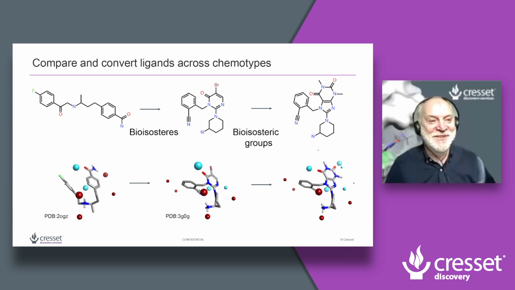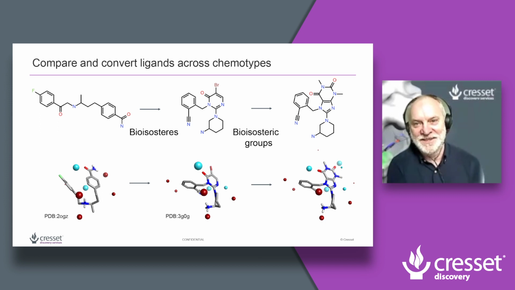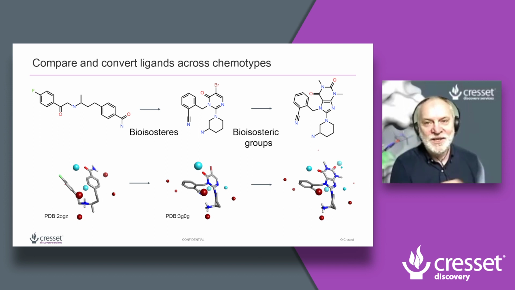So this is another slide to illustrate the point: the reason why you might want to do virtual screening on 3D electrostatics. The top line shows a relationship between three arguably quite different chemical structures, but these are all active at the same target.